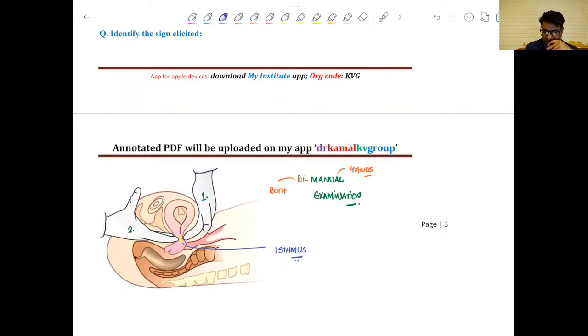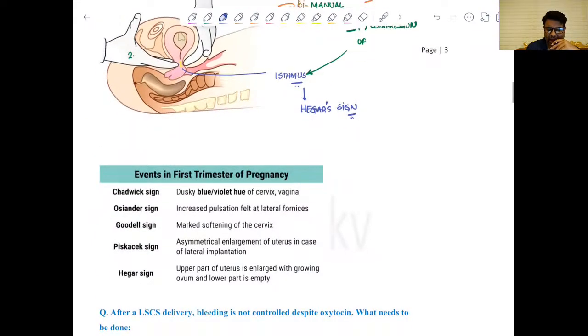It is bimanual compression of the isthmus. Clear? This sign has already been asked many times, so it is one of the repeated questions. Hegar sign is where there is bimanual compression of the uterus.